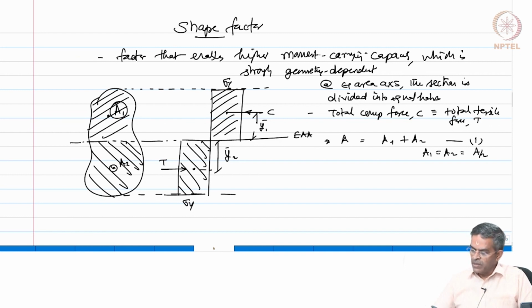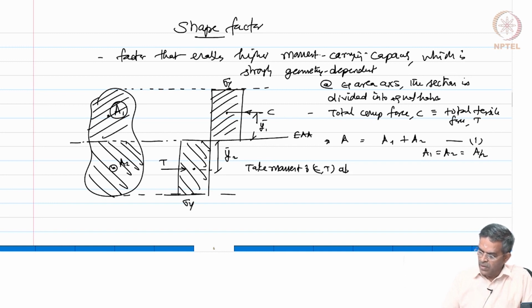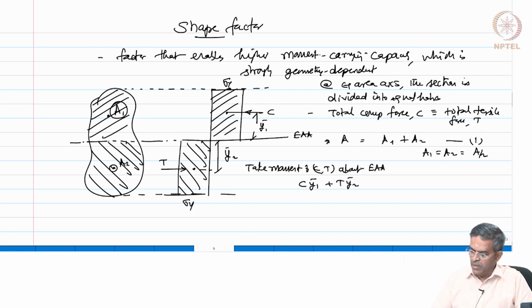Now, let us take moment of C and T about equal area axis. See what happens. We should say C into y bar 1 plus T into y bar 2 should be the total moment.